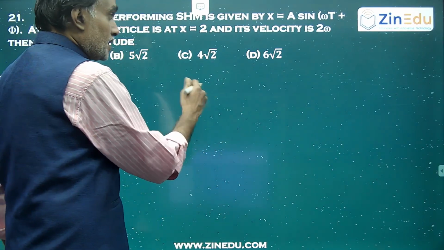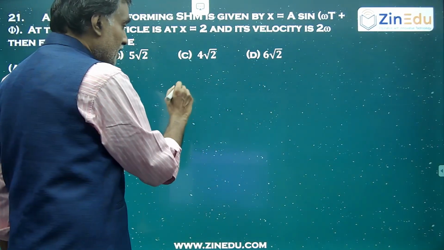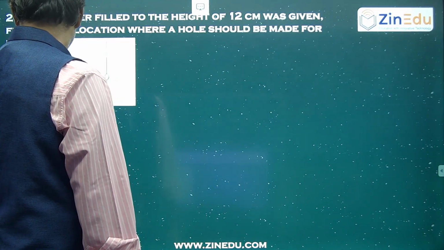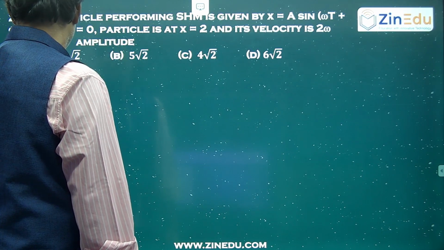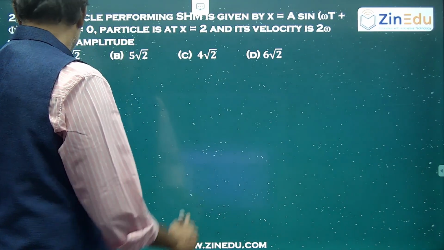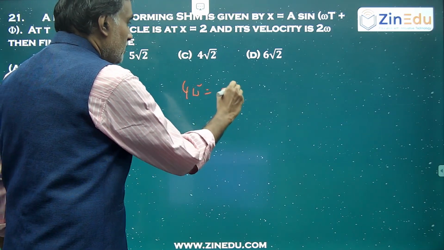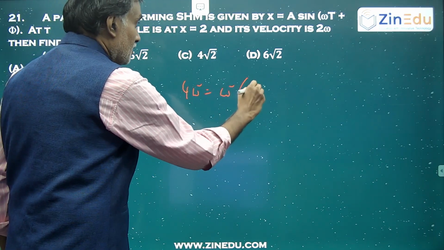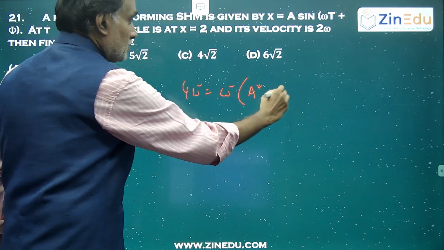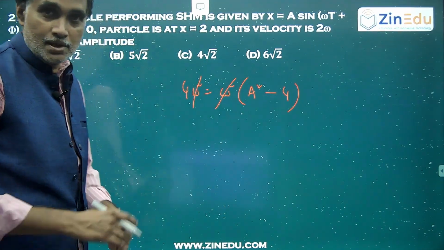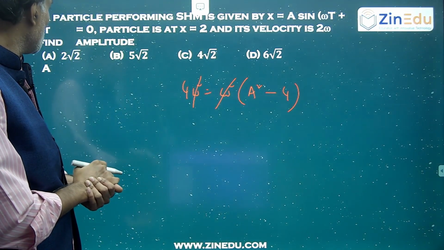Velocity is 2 omega, so if I square on both sides, that is 4 omega square. 4 omega square equals omega square into (a square minus x square). X square is 4. Omega square cancels. A square equals 8. What is a? Root 8, that is 2 root 2.